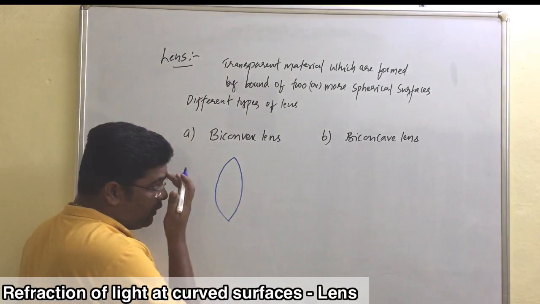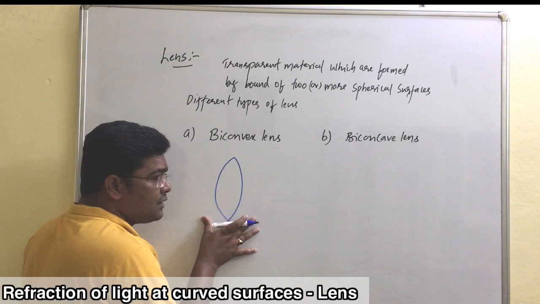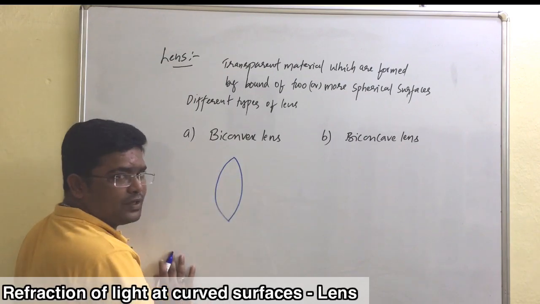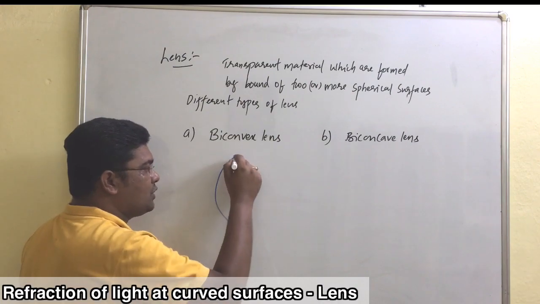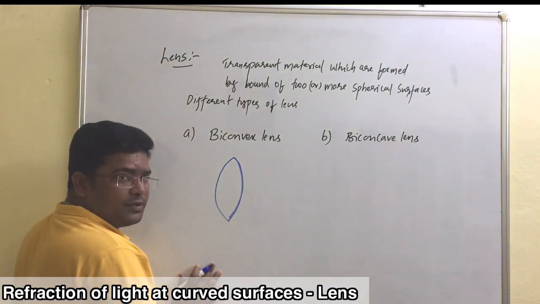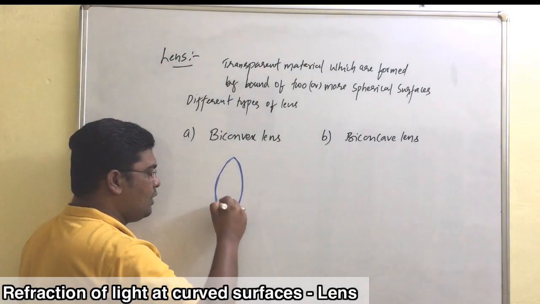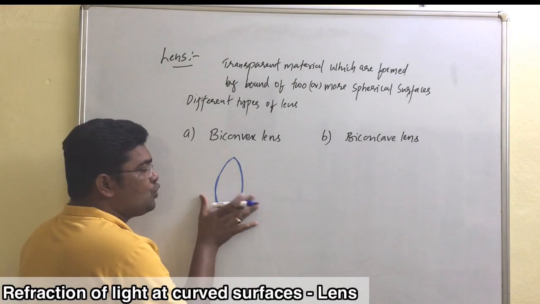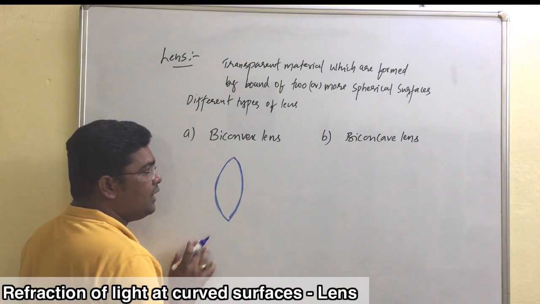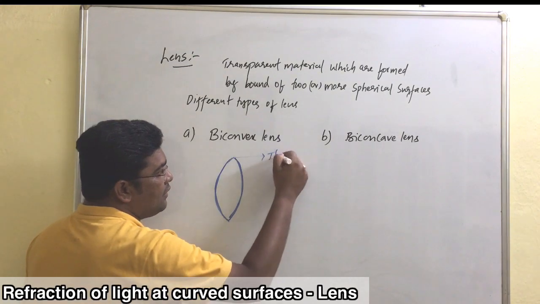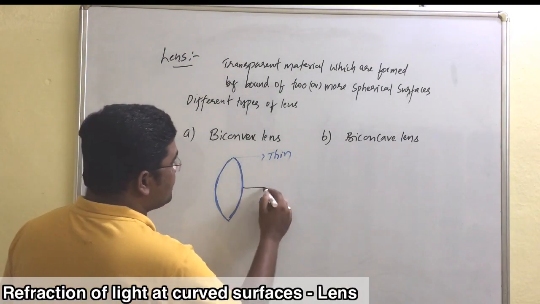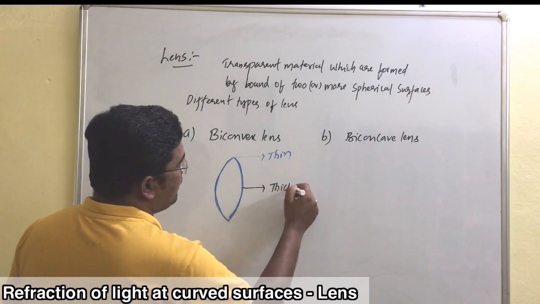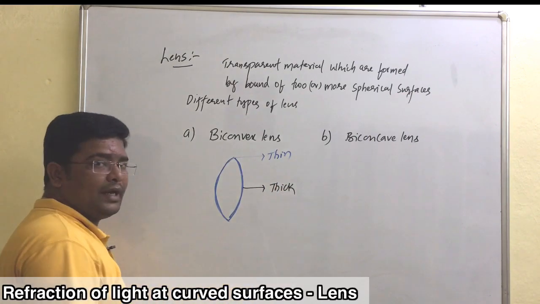If you observe very carefully, this biconvex lens is formed by two spherical surfaces which are bulged outwards. You can see this is one bulging portion. It is bulged outwards, and it is a combination of two spherical surfaces. These are thin at the edges, and you can find they are thick at the middle.